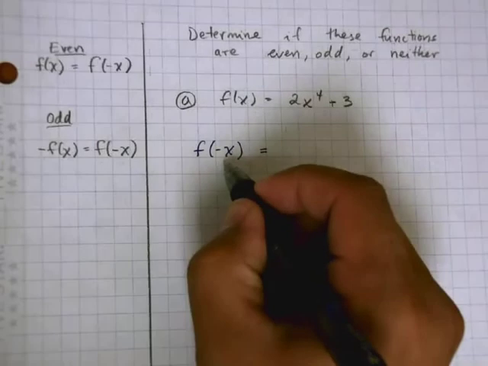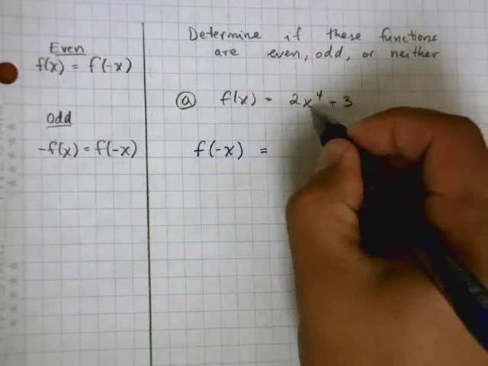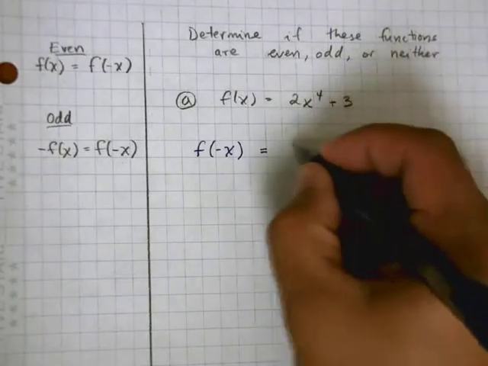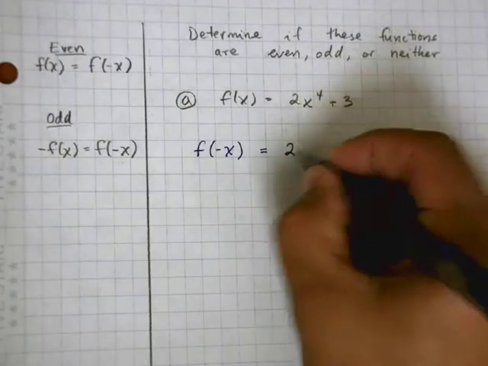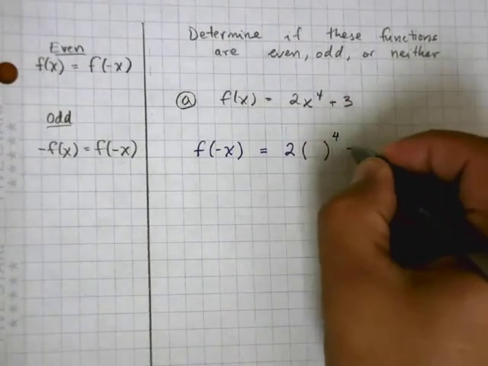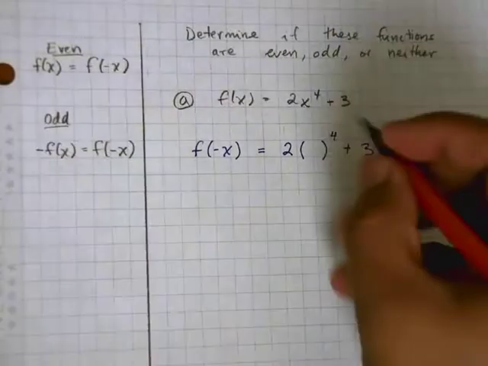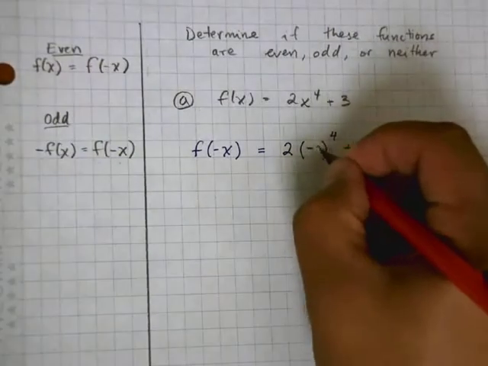And again, this notation for the function just means that I take negative x and I replace x with it. So I write out the function the exact same way: 2, instead of writing x, I'm going to put parentheses there, to the fourth plus 3, and then substitute in negative x.